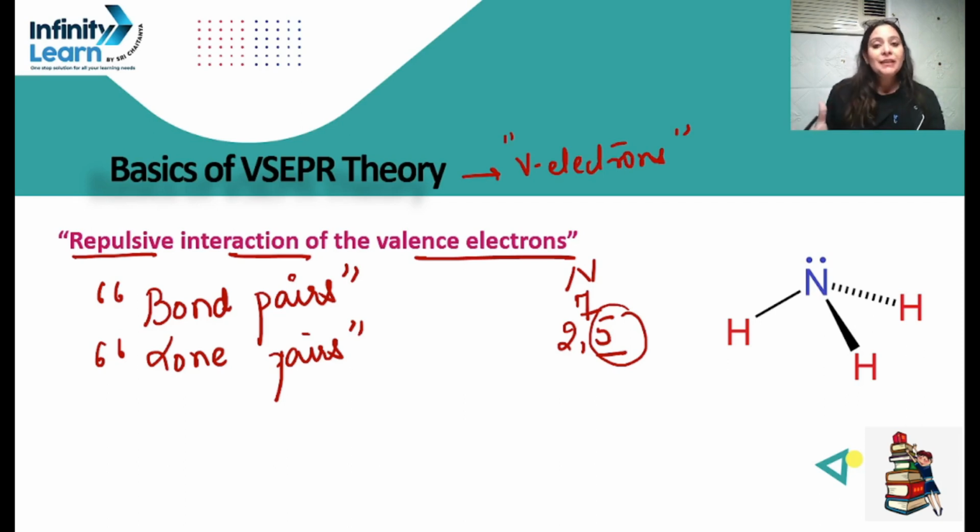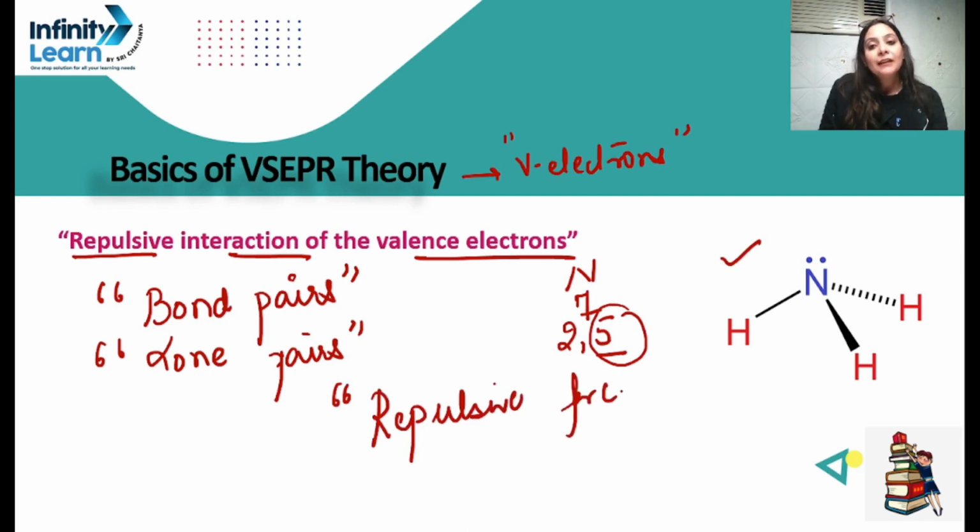These repulsive interactions are not good for a molecule, because they will not let the molecule be stable. Whenever the repulsive forces are more, the molecule tends to occupy a state of more energy, and more energy means less stability, right? So repulsive forces are not at all good for the formation of a molecule.